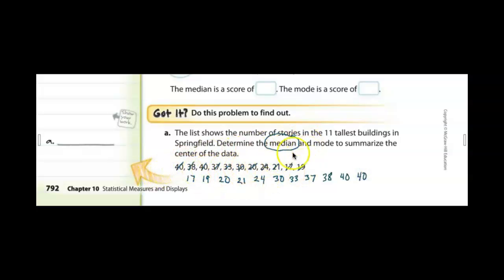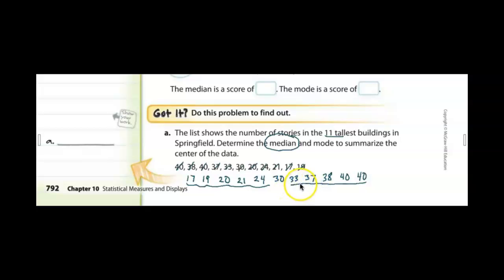Now I'm going to double check that I have the correct number. I'm supposed to have 11 pieces of data. 1, 2, 3, 4, 5, 6, 7, 8, 9, 10, 11. That's correct. Okay. So 11 is odd. The next lowest even number is 10. So I should have 5 on each side. 1, 2, 3, 4, 5. 1, 2, 3, 4, 5.